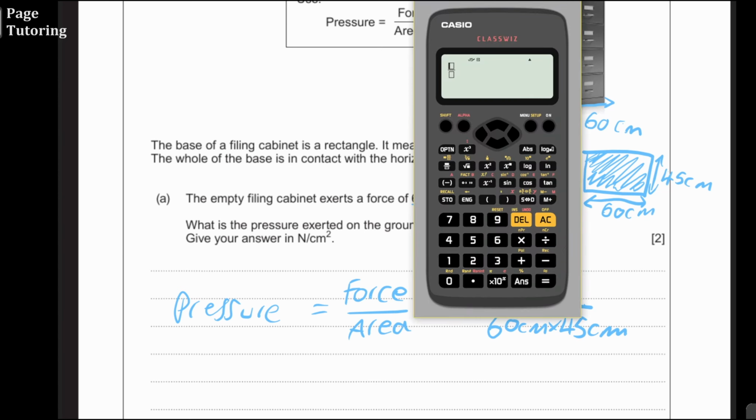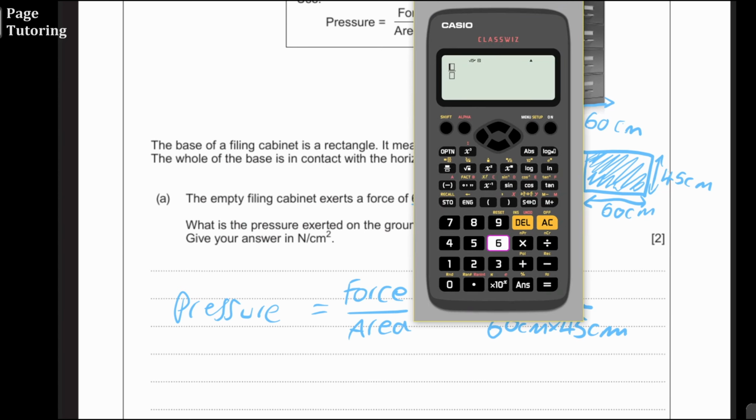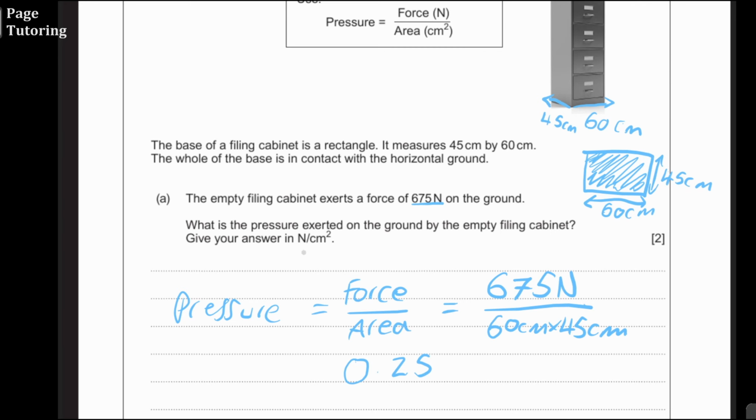You could even keep it in fraction form to keep it nice and easy. 675 over 60 times 45. And you don't need to convert to meters or anything, because it's telling you it's in centimeters squared. You want it in centimeters. So that gives us 0.25. And it says give your answer in newtons per centimeter squared.